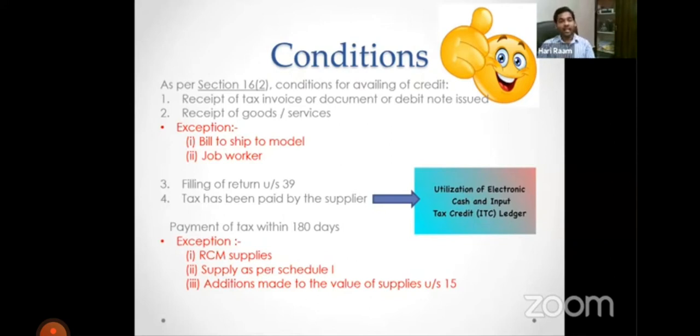Then finally there is 1 more condition: payment of tax within 180 days. Here also there are exceptions. The 180 days payment is not applicable to RCM supply, supply as per schedule 1, and additions made to the taxable value under section 15. In these 3 situations, no need to pay tax within 180 days.